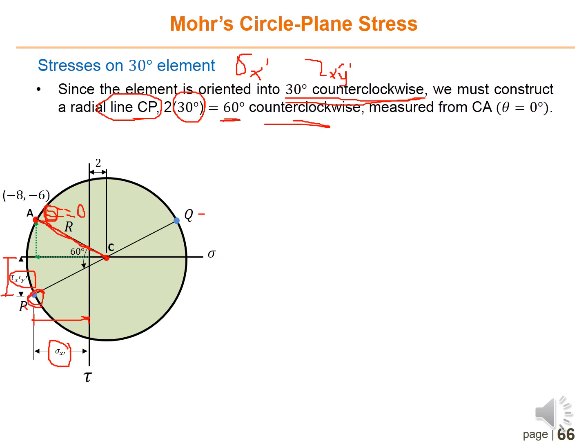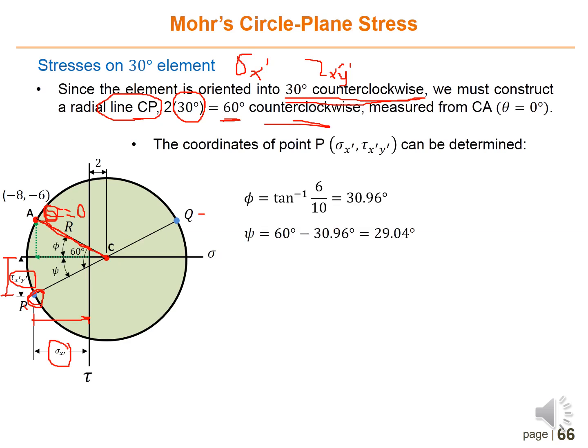How to determine this? To determine the coordinates of point P, you have to know this angle from line CA to the horizontal line. Let's say I denote it as phi, and this one is psi. So what is the value of phi?